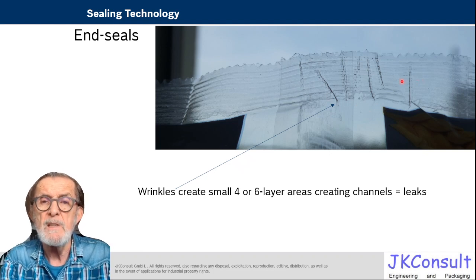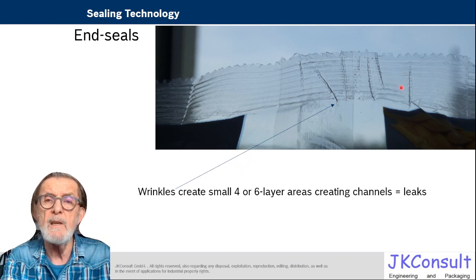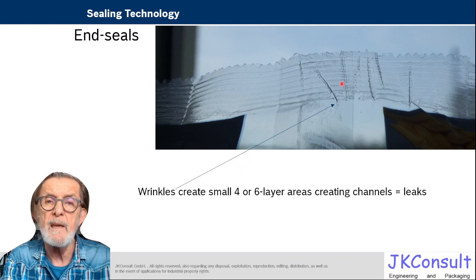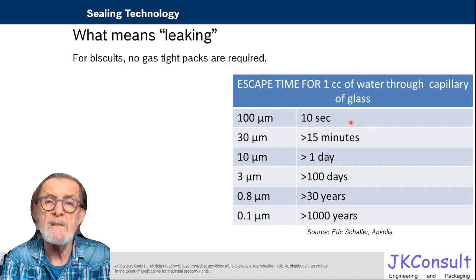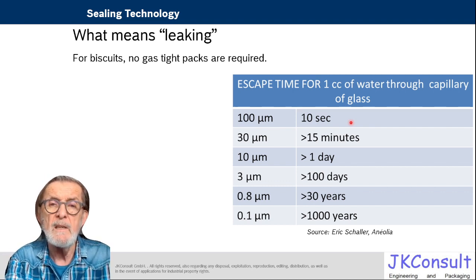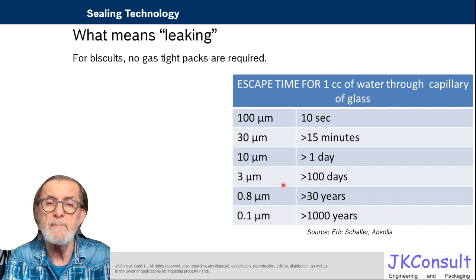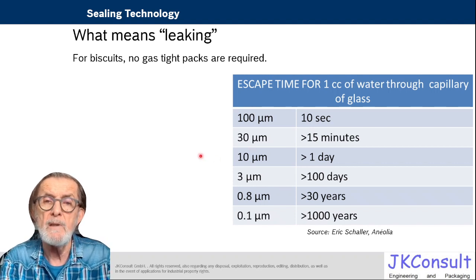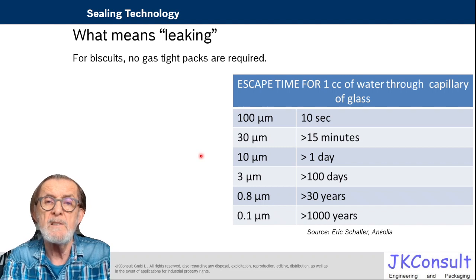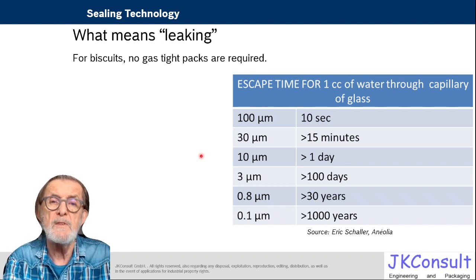On top of that comes the issue of wrinkles. Here you see wrinkles. And you see this one, for example, forms a connection between the outside of the pack and the inside of the pack. So that is a leaker. Now, what does leaking mean? There is a table that has been supplied by Mr. Eric Scheller from Inolia, and this gives an overview of the time it takes for 1 cubic centimeter of water to go through a certain space.